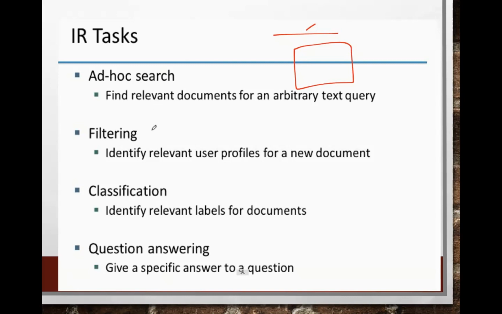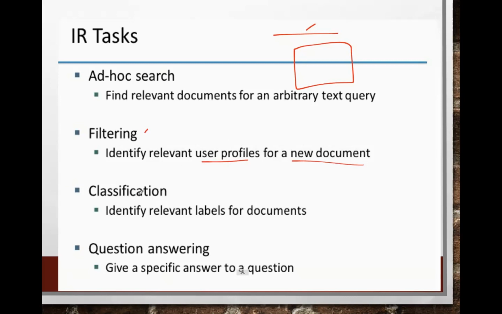The second one is filtering. It filters or identifies relevant user profiles for a new document. When you search something, you may find multiple user profiles. The task of filtering is to find only the relevant user profiles, selected according to the document.